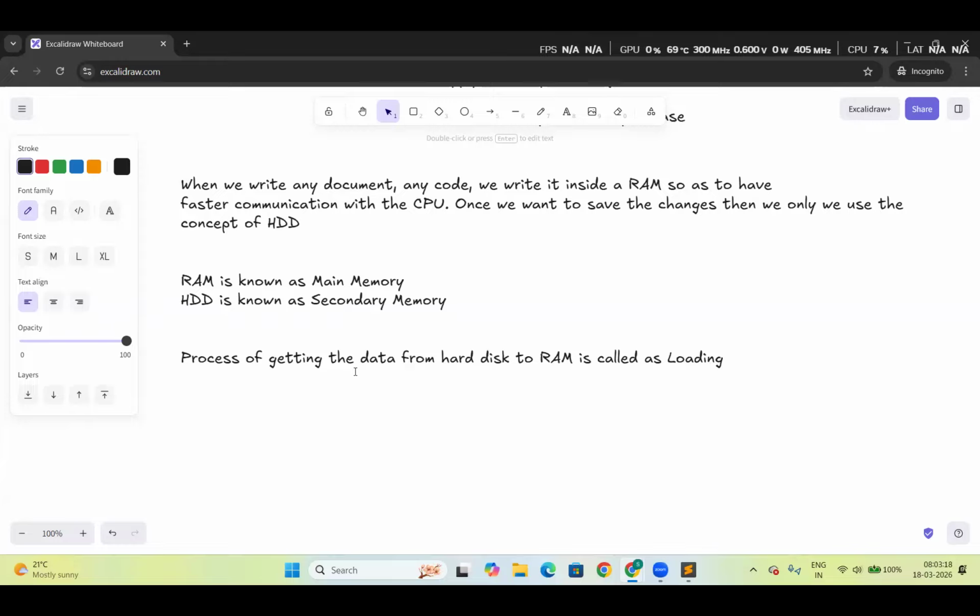Clear? Storing the information permanently to the HDD is called a file. Whenever you're storing the information to the hard disk, that is called a file.